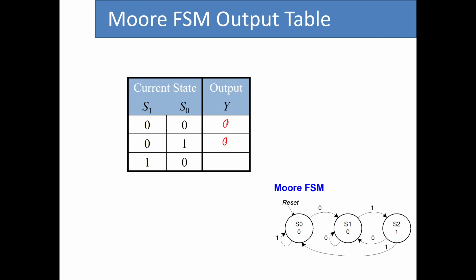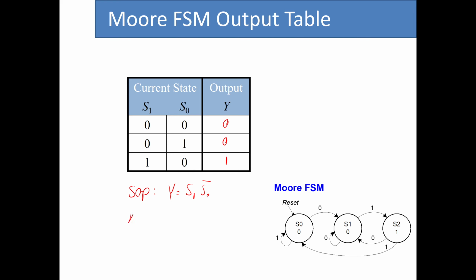When we are at the state 2, the output is 1. So if I use again the sum of product approach, y becomes S1, S0 bar. So again, this is the straightforward way.